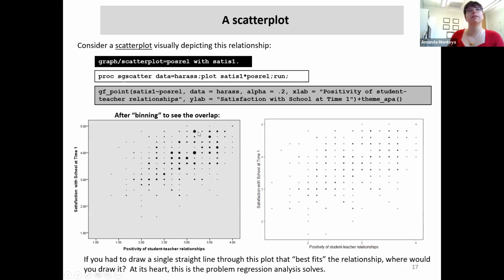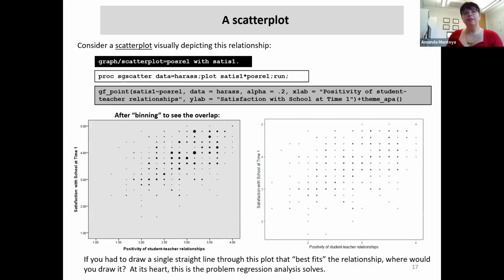In the graph on the left, I've done some binning where individuals that have the exact same score get a bigger dot. An alternative on the right is you can also use transparency to reflect overlap among participants.